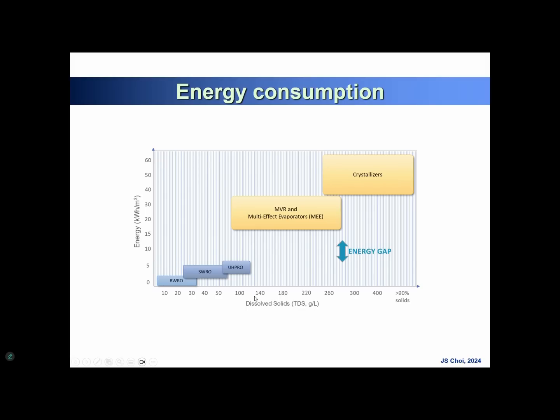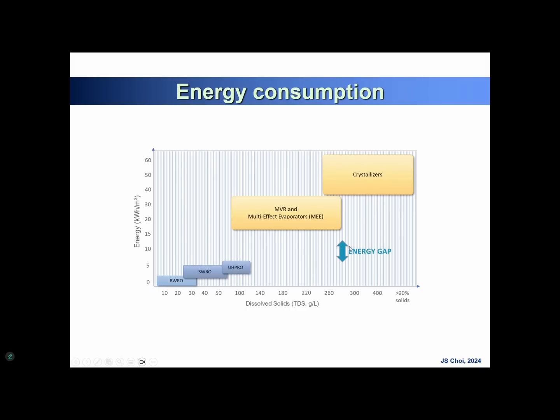So a lot of people try to target reverse osmosis, like osmotically assisted reverse osmosis or ultra high pressure reverse osmosis, which can save a lot of your energy cost. How we can further develop this high pressure RO or osmotically assisted reverse osmosis would be a future research area you can consider.